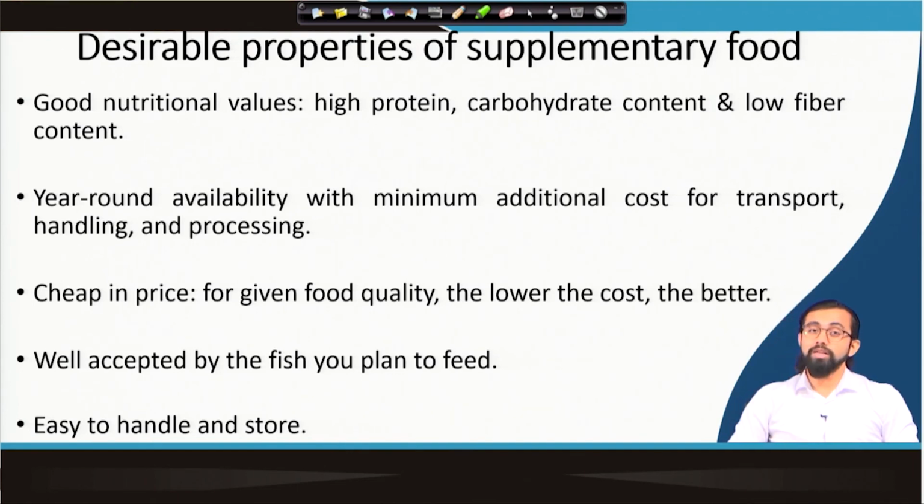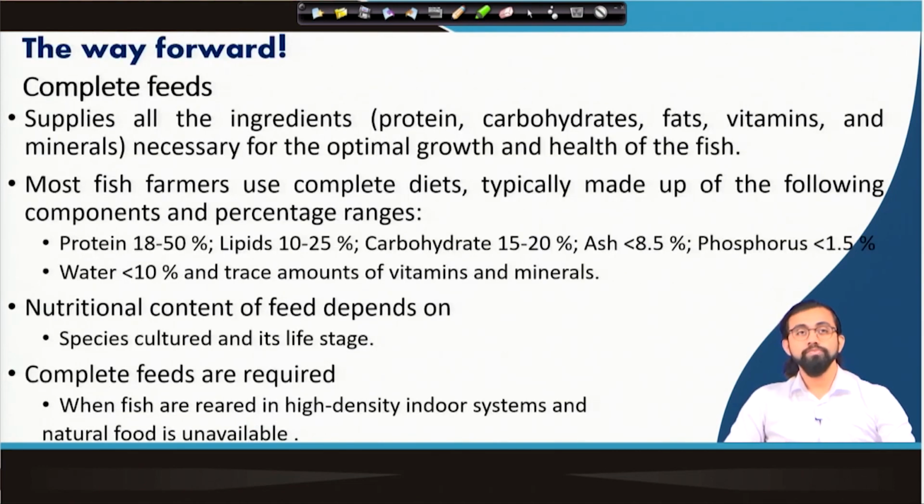It should be well accepted by the fish you plan to feed, because for them it's a sudden new feed. If they don't like that particular type of food, they will not have it, and that doesn't serve our purpose. And also it has to be easy to handle and store.